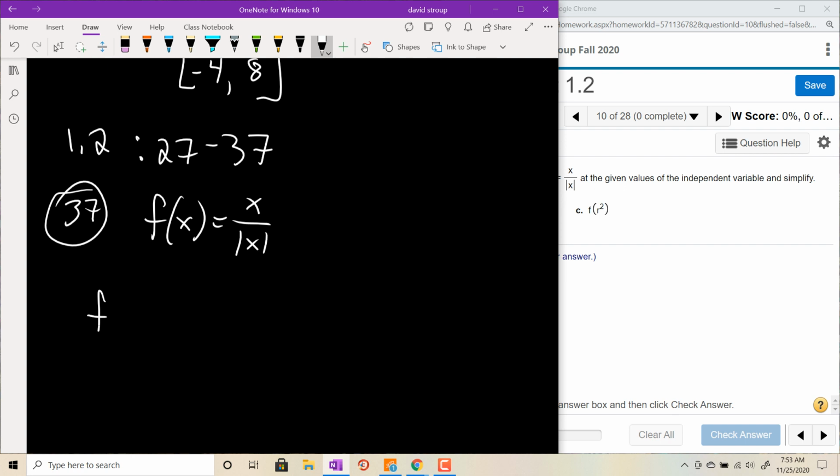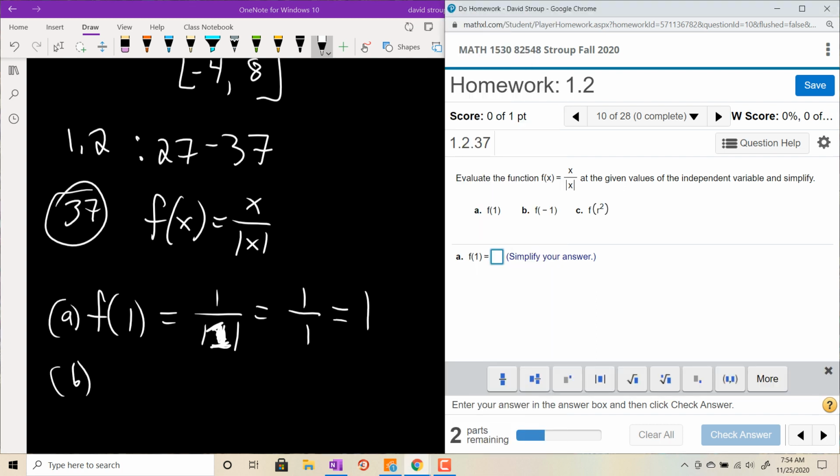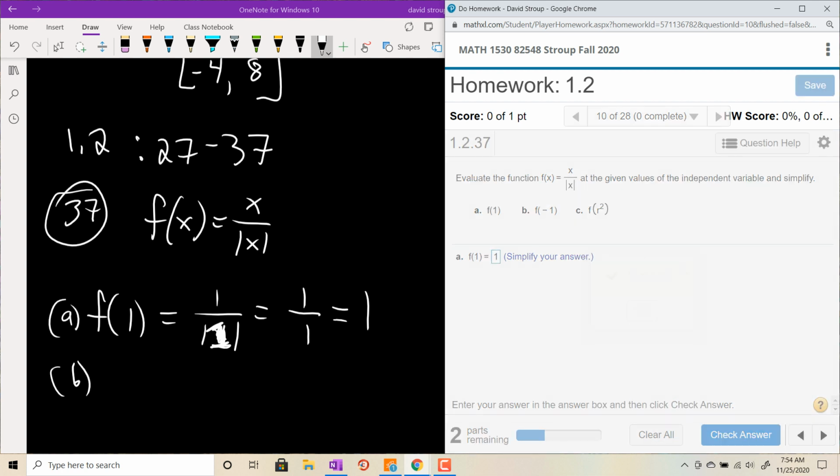Okay, so part A, f of 1. So you plug in 1 wherever you see x, and then simplify. Okay, so it's 1 over the absolute value of 1, which is 1. 1 over 1 is 1.